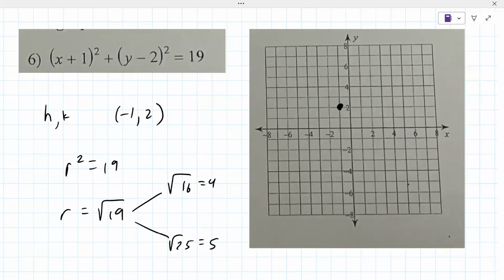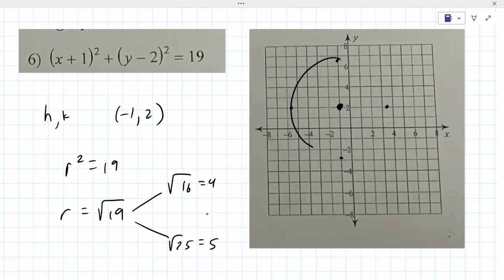Okay. So that means maybe 4.5. Okay. So you just go up 4.5, roughly, right 4.5, down 4.5, left 4.5.